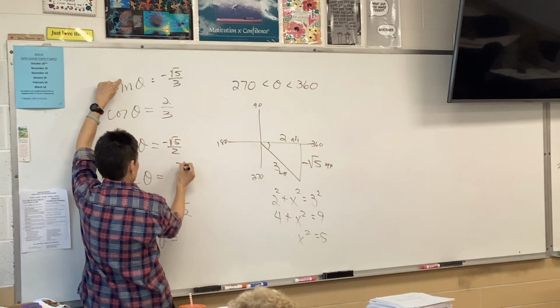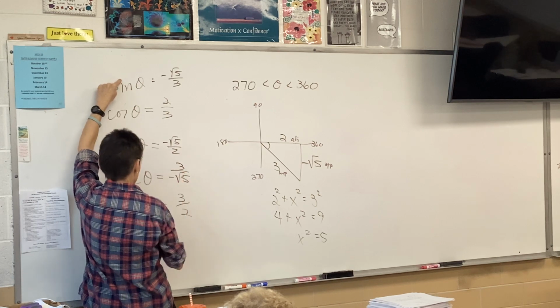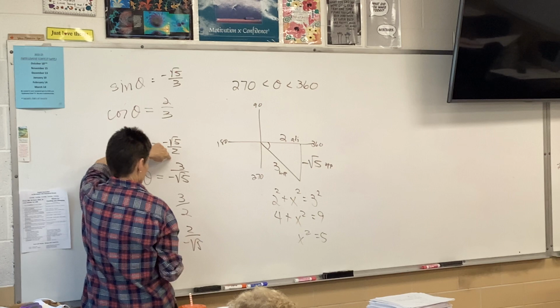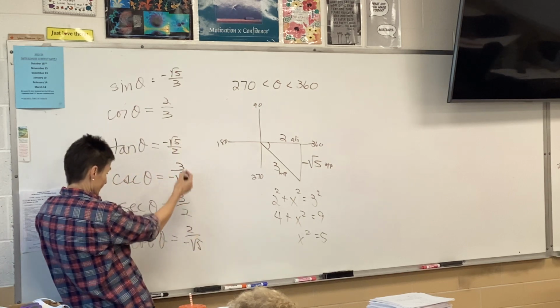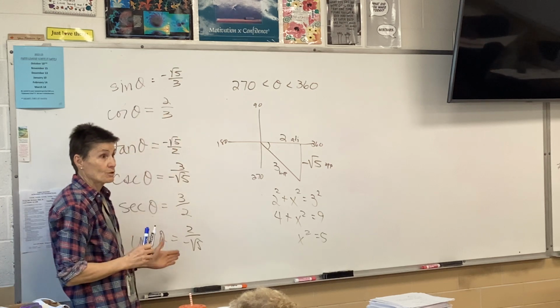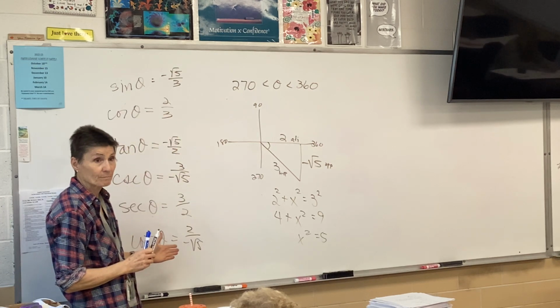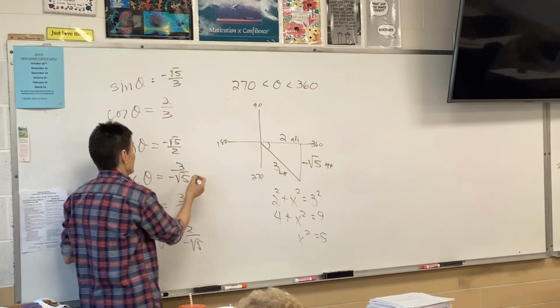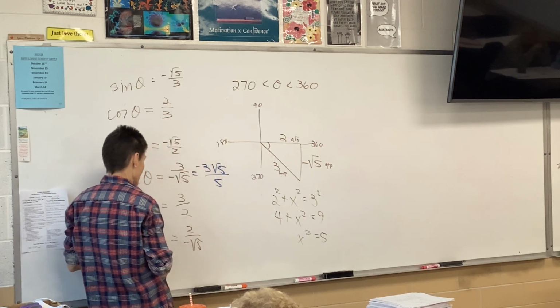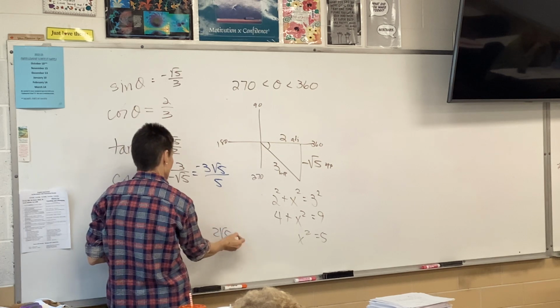Cosecant, 3 over negative root 5. Cotangent, 2 over negative root 5. Now, these two are gonna need cleaned up, but that is at least my first stab at everything. So this will be 3 root 5 over 5, and this will be 2 root 5 over 5.